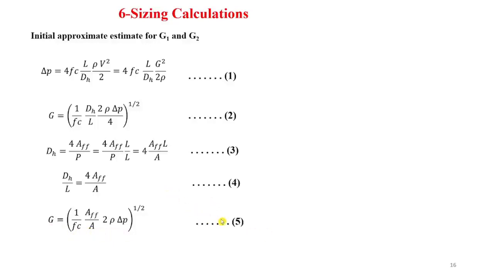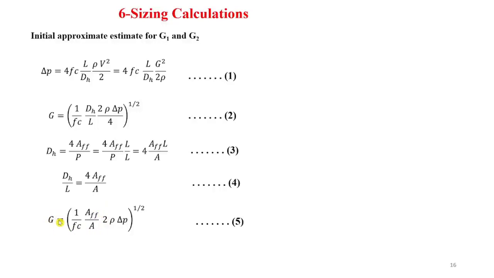In equation number 5 we found the G value as a function of these parameters, raised to the power 1/2. We also need to get rid of the free flow area divided by the heat transfer area, in terms of other parameters, so that we can find an initial guess for G1.